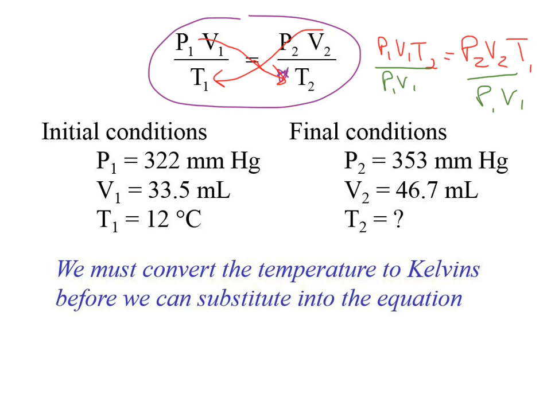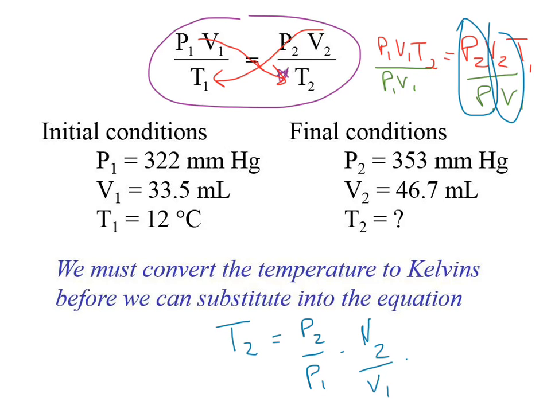Rewriting that, now I've got T2 is equal to, and I'm going to nest them like this, line them up like this: T2 is equal to P2 over P1 and also V2 over V1 times T1.